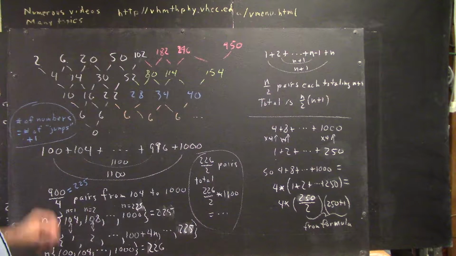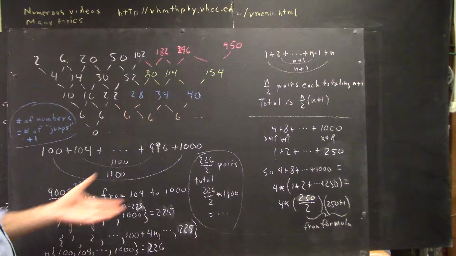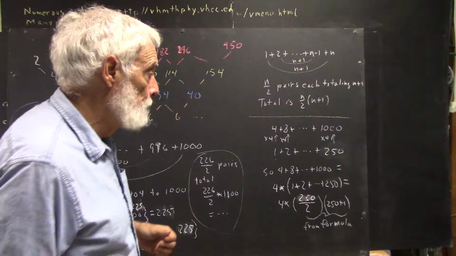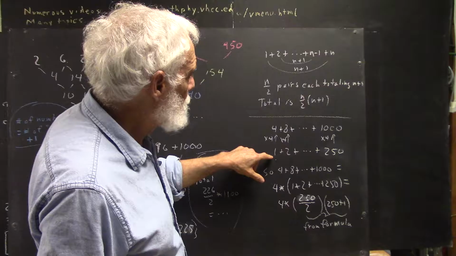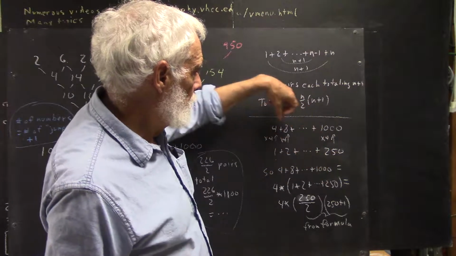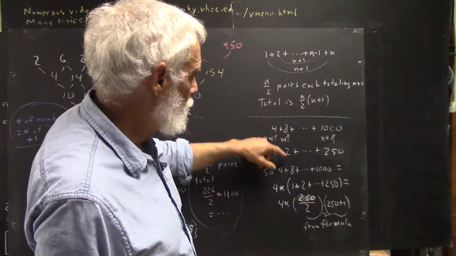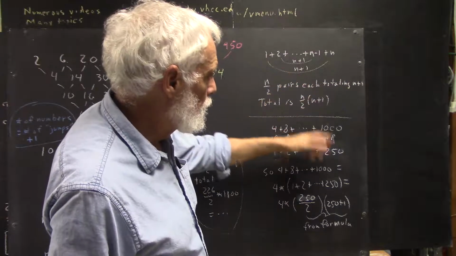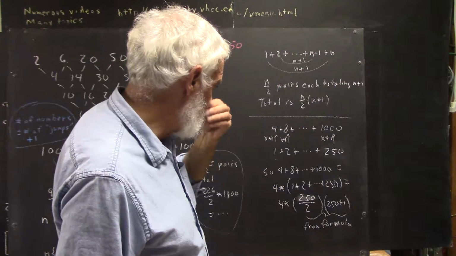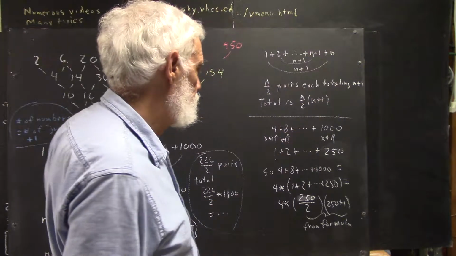Okay, if we had the numbers from, let's say, 4 to 1,000, we could actually use this idea by pairing up the set of counting numbers from 1 to 250 with the numbers from 4 to 1,000. 1 times 4 is 4, 2 times 4 is 8, and so on. 250 times 4 is 1,000, so there are 250 numbers from 4 to 1,000.